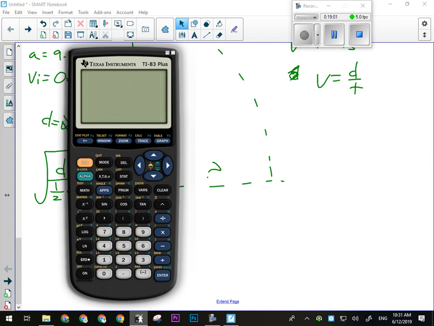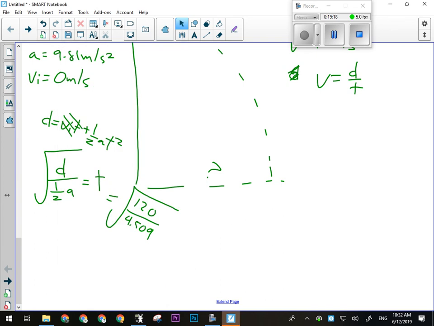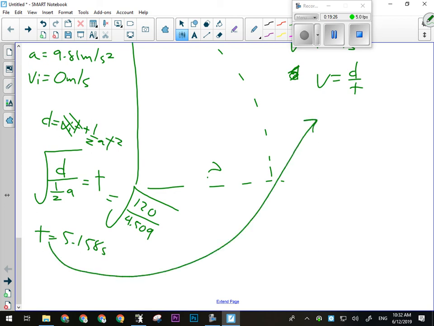All right, so we're looking at a flight time here of 5.158 seconds. Okay, that is the only thing that the horizontal and vertical components share.